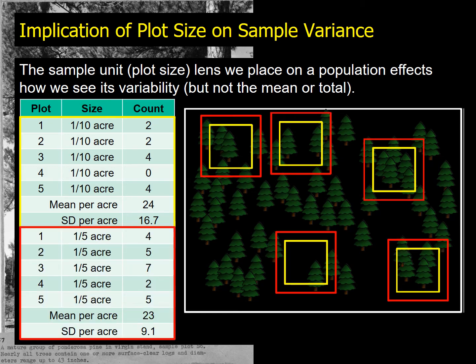If we look at the plots now, using 5 1/5 acre plots, we now have samples of 4, 5, 7, 2, and 5 respectively, giving us a mean of 23 trees per acre and a standard deviation of 9.1 trees per acre. While we see almost no change in the sample means, there is a significant decrease in the sample standard deviation at the larger plot size.